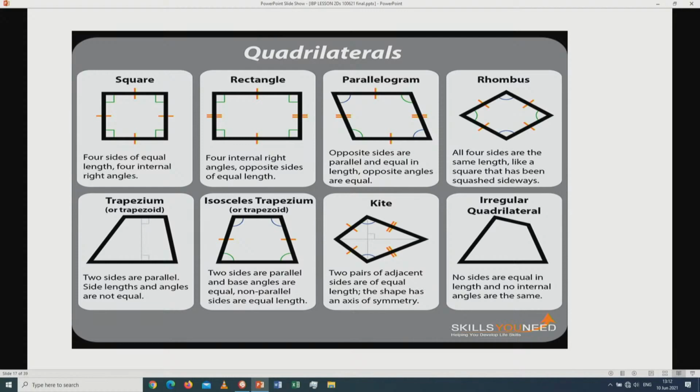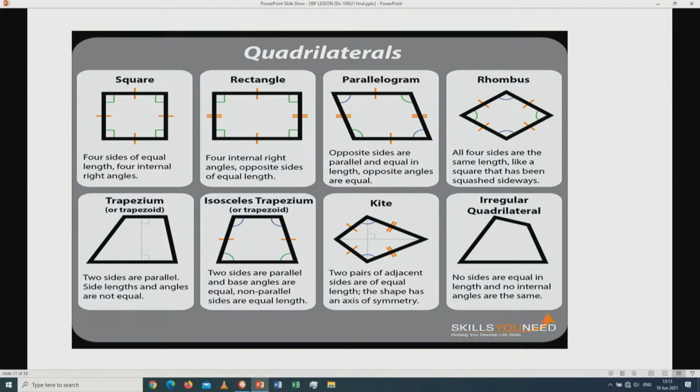Trapezium, trapezoid, two sides are parallel, side lengths and angles are not equal. Isosceles trapezium is where the two non-parallel sides are equal, and the bottom and top angles are equal.